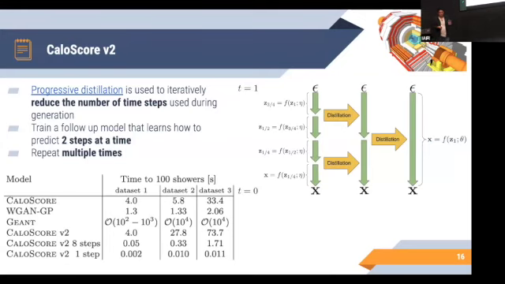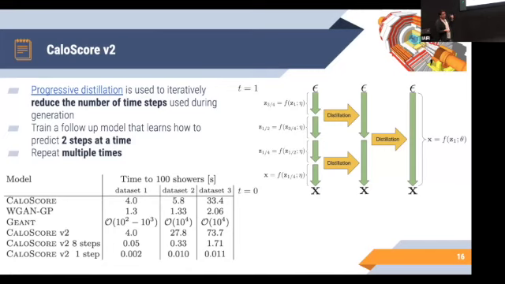Then you are at the same level of complexity, quote unquote, as a GAN or other models that only require 1 pass of your network. And doing that gets you some very nice timing improvements. You get orders of magnitude compared to the full simulation, more than 100,000 times faster, and also much faster than the previous CaloScore model that we're showing.